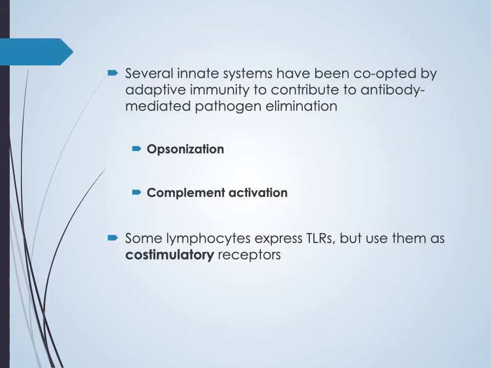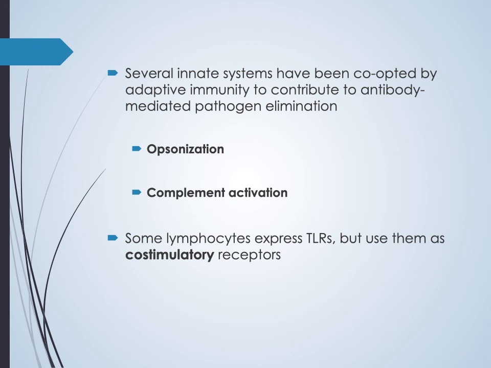So there's several innate systems that have been co-opted by the adaptive to contribute to antibody-mediated pathogen elimination. And so what this means is that there's an overlap between innate and adaptive. So if the adaptive B cells are going to produce antibodies, those antibodies can be utilized in the innate system, and this is the process of opsonization and complement activation.